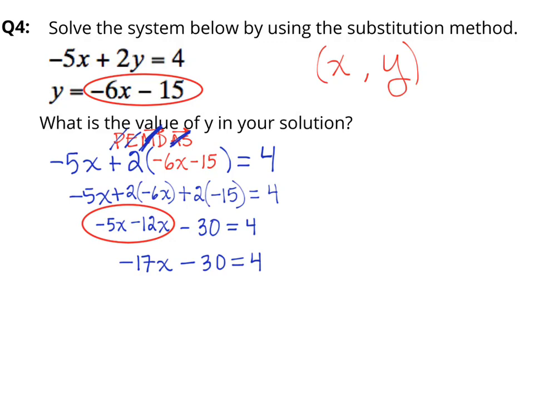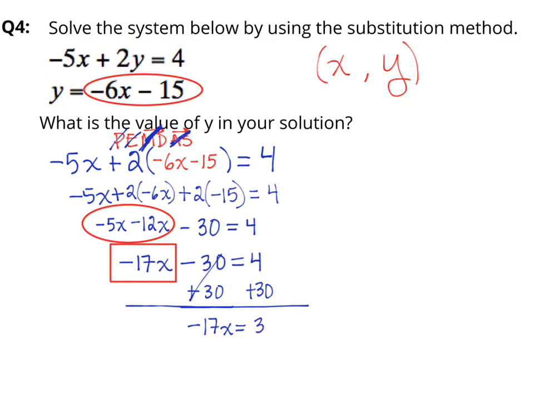And since I am done with my order of operations, now I get to isolate the variable, which would be negative 17x. So I want to create a zero pair right here. I'm going to add 30 to each side. And I'm going to get a brand new equation, which is negative 17x equals 34. And this works out. I can already see this is working out because 17 and 34 are very friendly numbers.